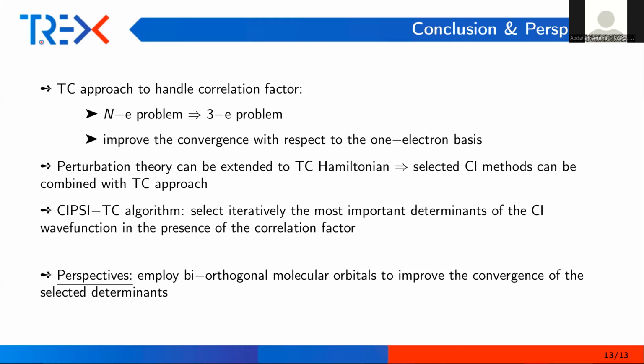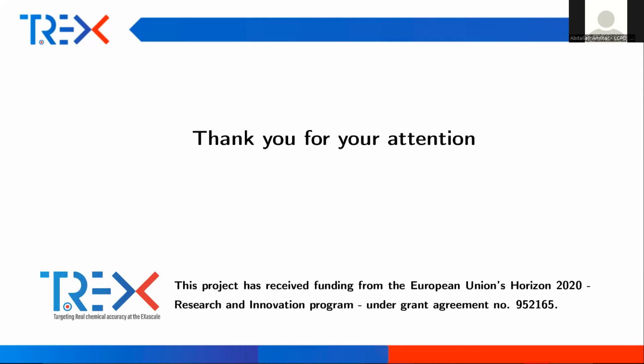And now we are working on using 2 molecular orbital bases instead of only one, where the right Slater determinant is constructed on a right molecular orbital basis, and the left Slater determinant is constructed on a different molecular orbital basis. So we expect that by doing that, this will compact the CI wave function even more. And in the end, I would like to thank you for your attention.